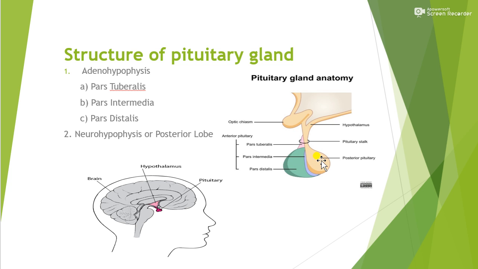Now, the next part of the pituitary, that is the neurohypophysis, the posterior lobe. The posterior lobe of the pituitary comprises the infundibulum or neural stalk and the pars nervosa or neural lobe. The neural lobe or infundibular process consists of non-myelinated nerve fibers and non-secretory supporting cells.